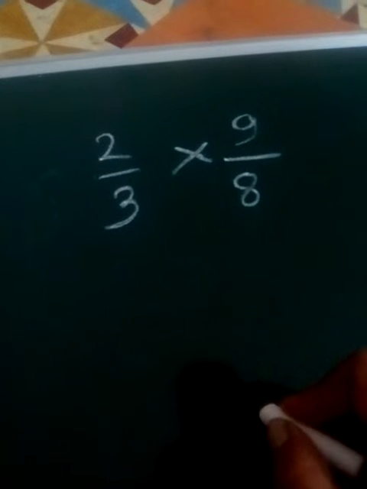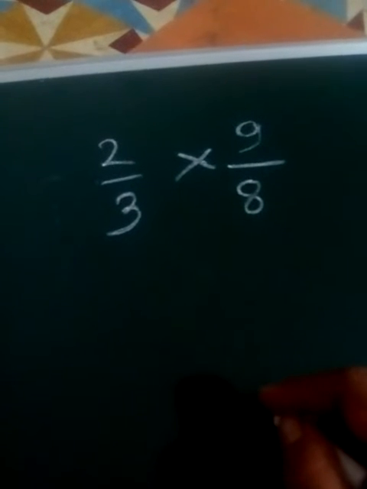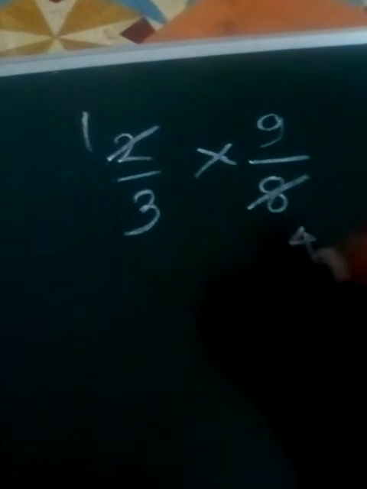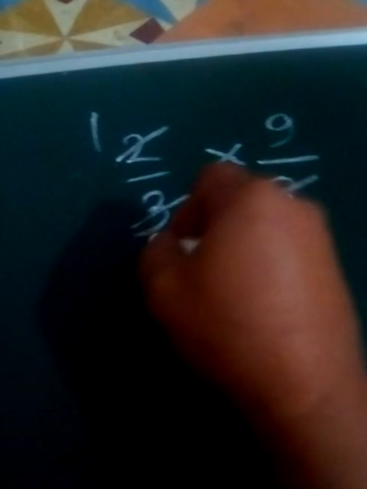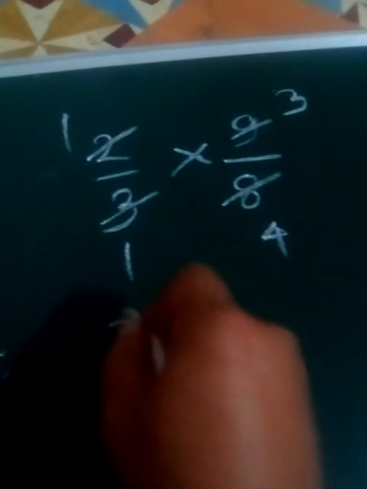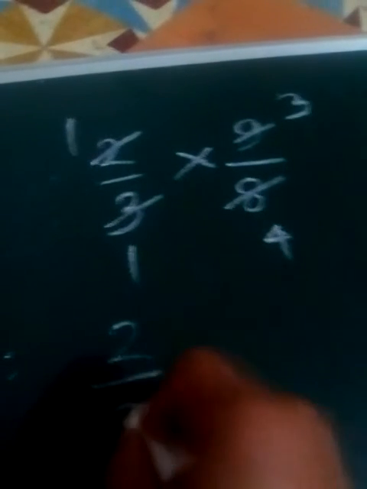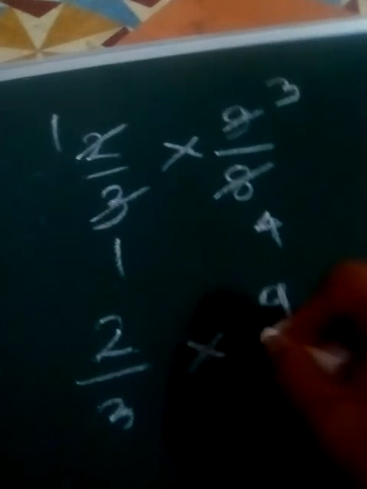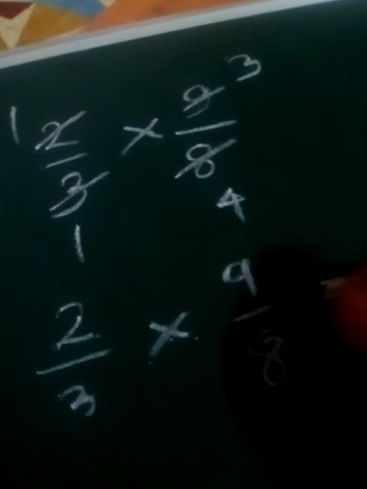We select pairs and reduce the terms. 2 ones are 2, 2 fours are 8, 3 ones are 3, 3 threes are 9. So we get the statement 2 upon 3 multiplied by 9 upon 8 is equal to 3 upon 4. Have you understood this much?